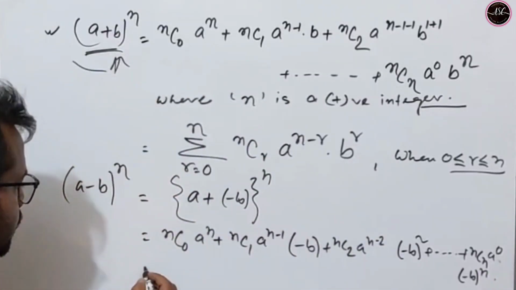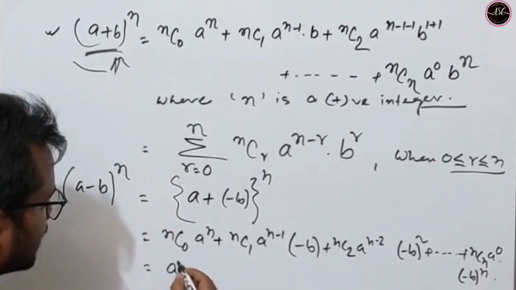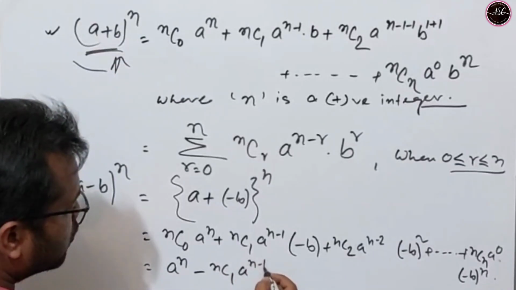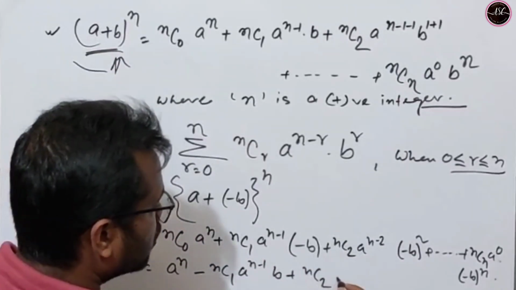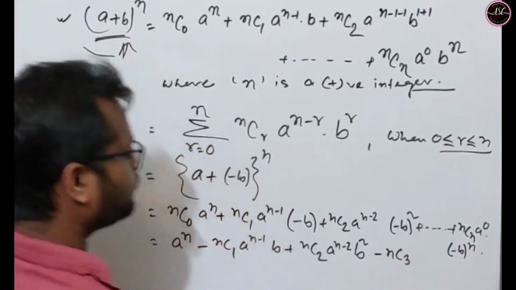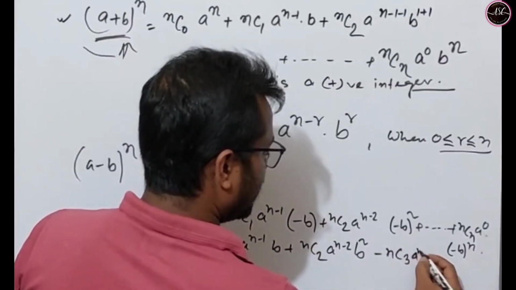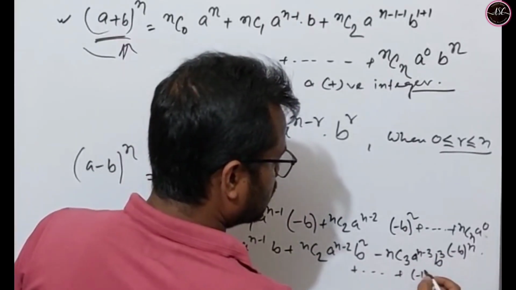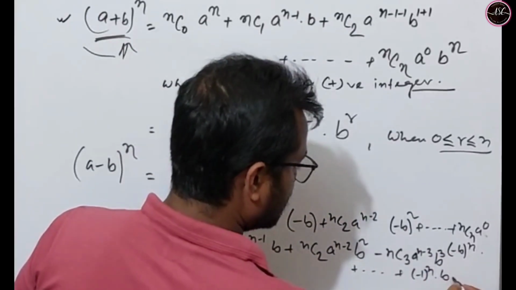So in particular we write this as a to the power n minus NC1 a to the power n minus 1 into b plus NC2 a to the power n minus 2 b square minus NC3 a to the power n minus 3 b cube plus dot dot dot plus minus 1 to the power n into b to the power n.